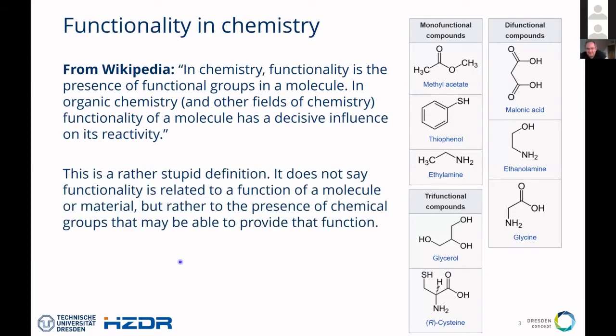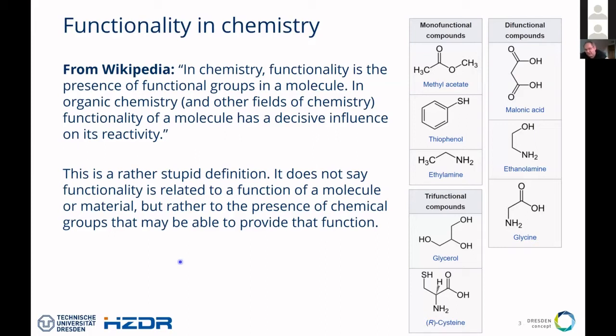It doesn't say functionality is related to a function of a molecule or of a material, but it rather tells you that there are some chemical groups present, and those may be able to provide a certain function. So it's not really a definition of something that we would like to see.